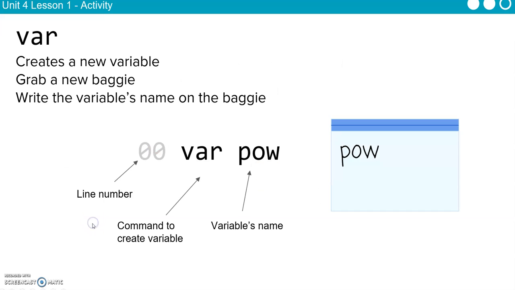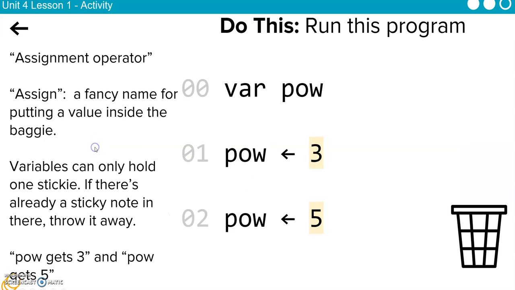Same idea. var is a keyword in JavaScript that sets up a new variable. Theoretically in your code, you've got var, creating a variable, and we're calling it pow.